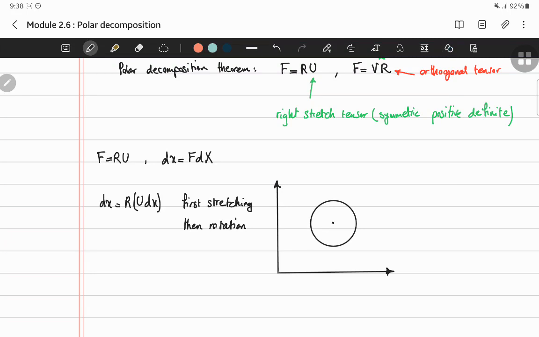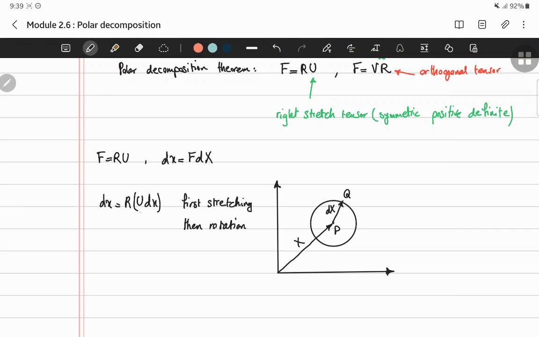If I plot a vector from here to here, this is the initial or undeformed configuration. I have a point P at the center, and I have this point Q on the circumference of the sphere. I have this as dX.